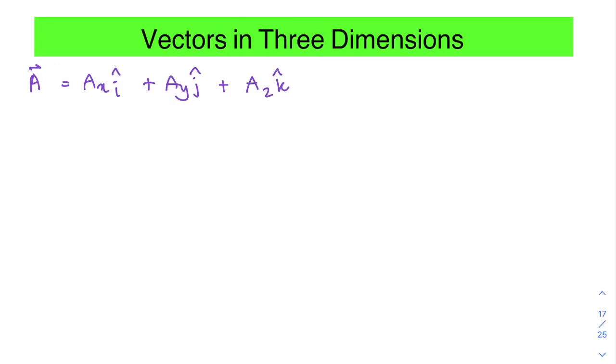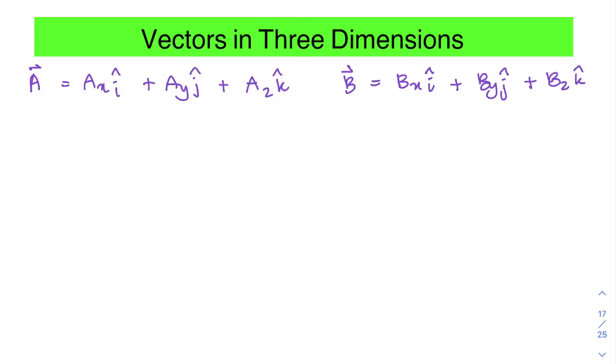Okay, this is your A. And then given to you for the B is bx unit vector of i plus by unit vector of j plus bz unit vector of k.